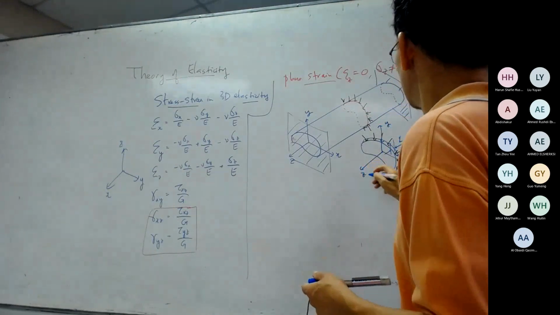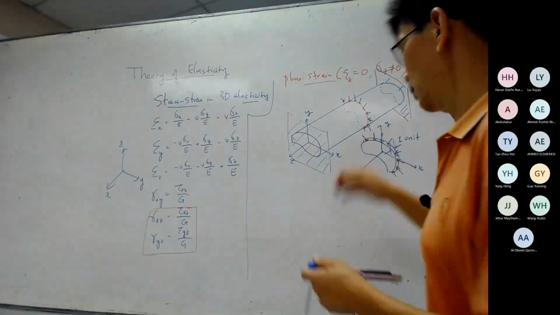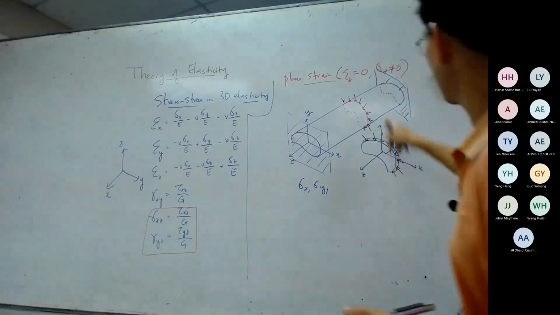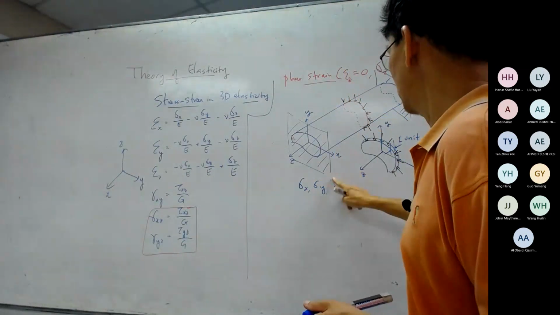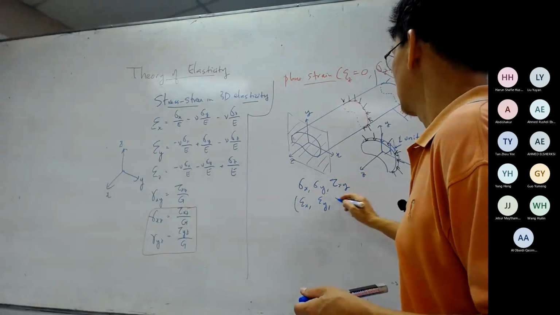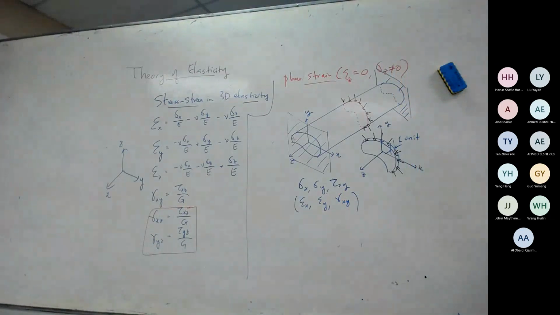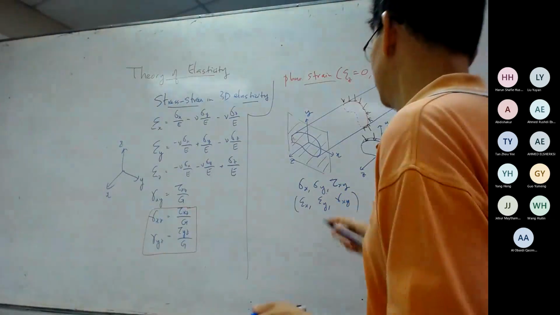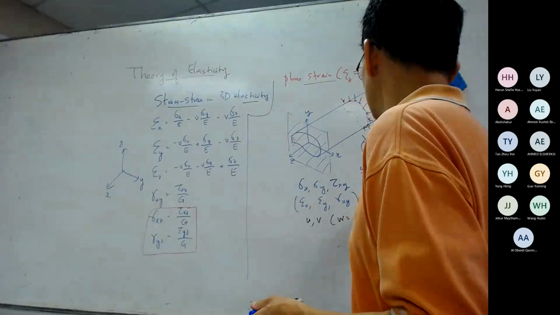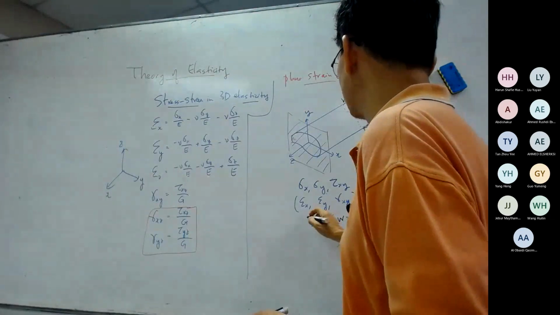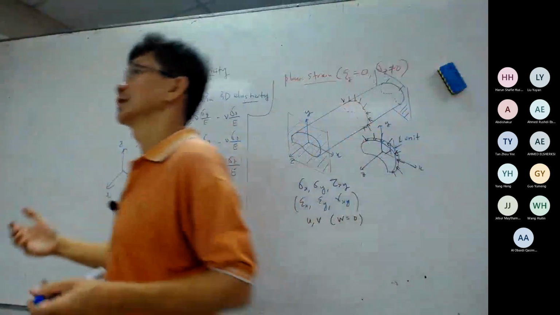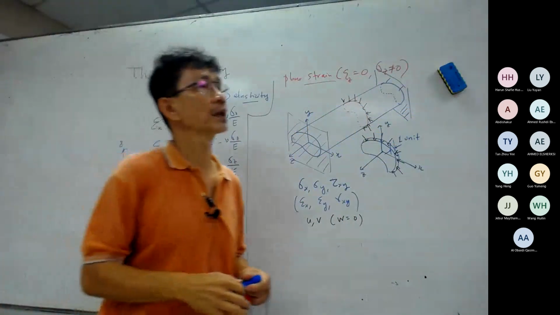The non-zero stresses of interest to us in the plane strain problem are also sigma x, sigma y, and tau xy, and the corresponding strains. Displacement is also the same, and w equal to 0, because of these two rigid surfaces assumed for the characteristics of the plane strain problem.